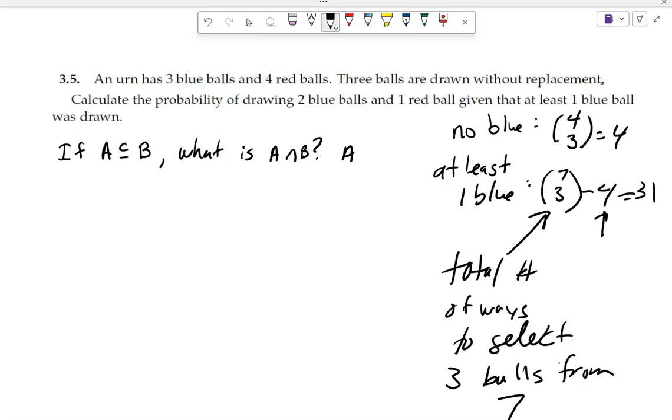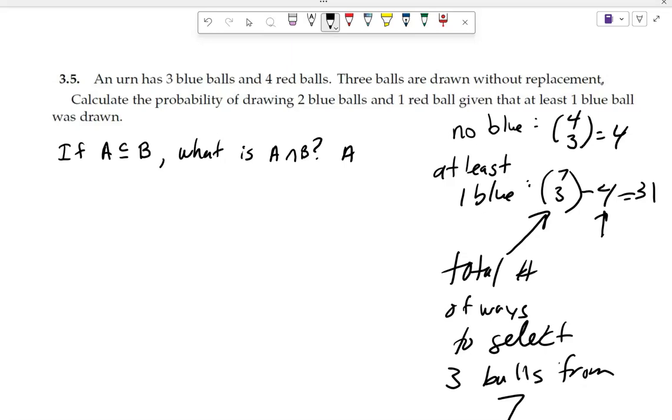Now, why is that important here? If the numerator of your probability needs to be 2 blue balls and 1 red ball and at least 1 blue ball, that's the and, isn't it? One event is 2 blue balls and 1 red ball. The given information is at least one blue ball. Well, if you're looking for 2 blue balls and 1 red ball, isn't that at least 1 blue ball?